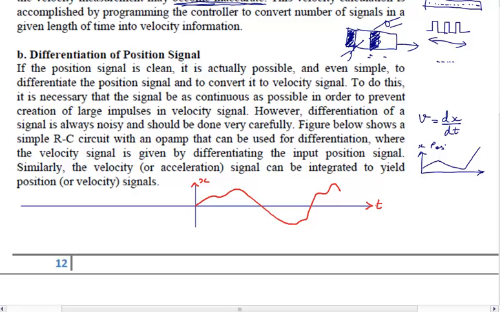If I am going to differentiate this, what is the meaning of differentiation? Differentiation means taking the slope, that is delta x by delta t. This much is delta t and this much is delta x. Here also we can find delta x by delta t.